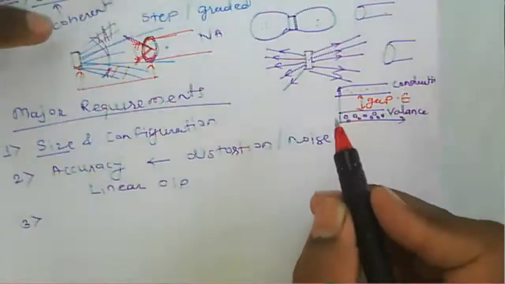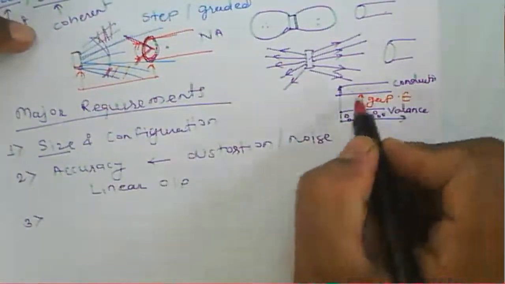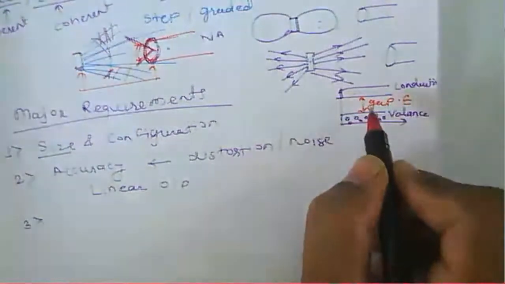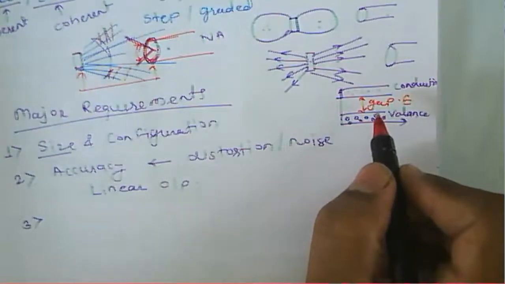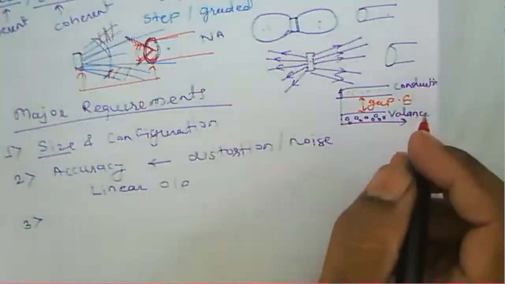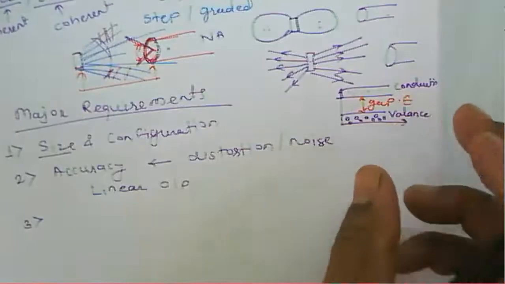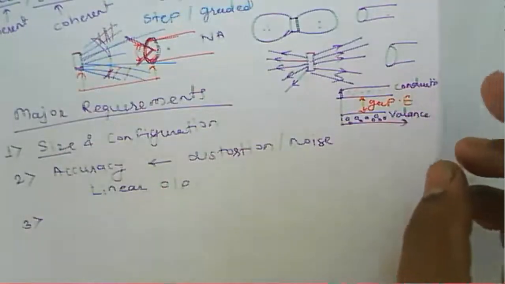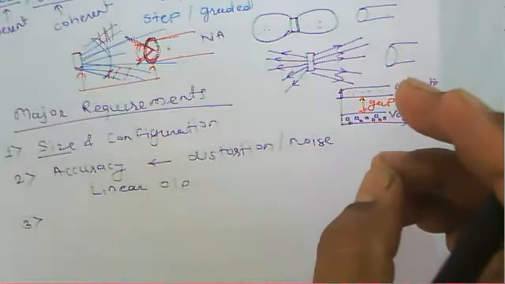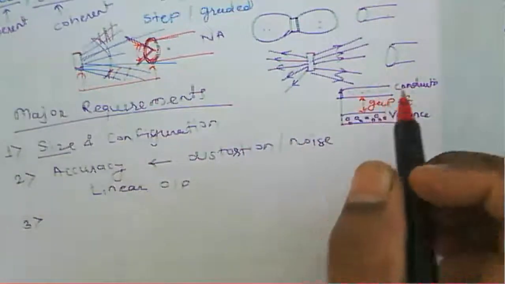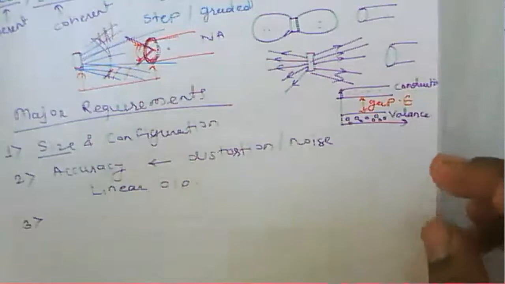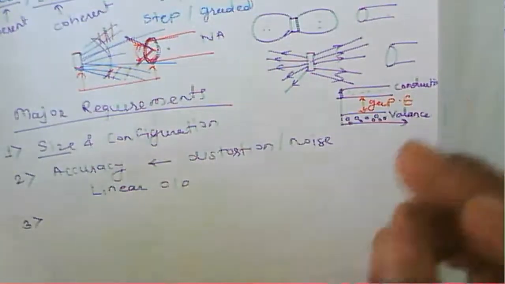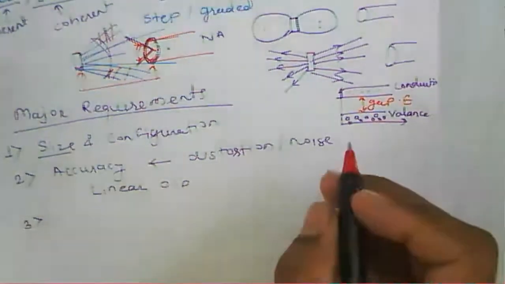So now we consider that whatever photon of energy is generated by this electron, it produces some particular photon of energy, and that depends upon the electron and hole combination. Then that photon of energy will give us the wavelength of the given particular source.